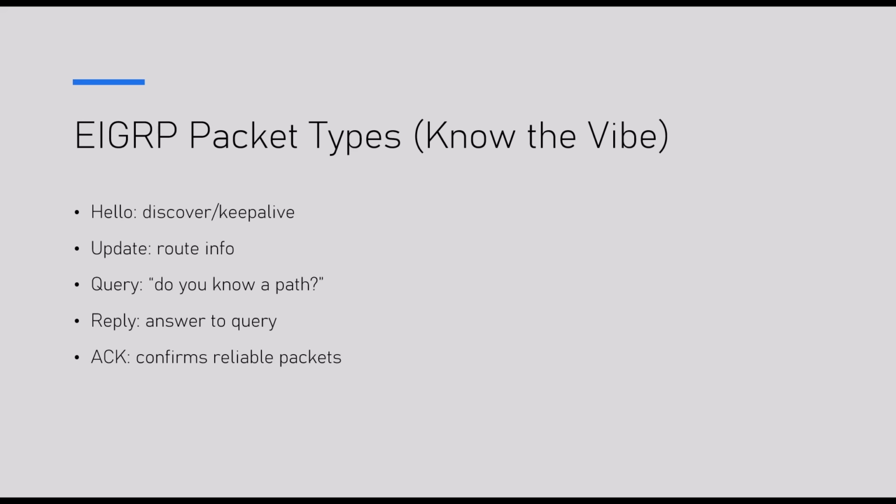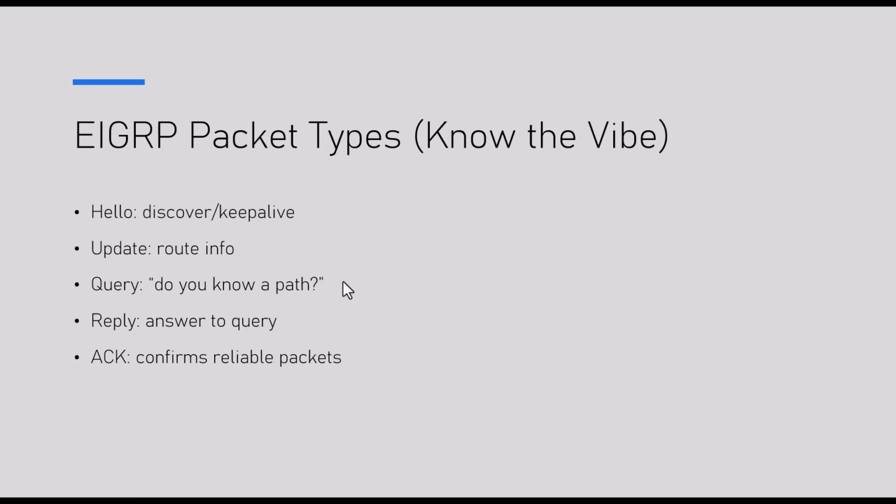You're going to send me a reply, and in that reply, you're going to say, yes, I know that, and this is the new path, and then I'm going to receive this, and it's going to be installed in my routing table. If you don't know, then you're going to forward this query to your neighbors. And if your neighbors don't know, you are going to forward that query to the other neighbors. This process is going to keep me waiting for this specific prefix that I'm trying to find a path for. And for this, we call this stuck in active.